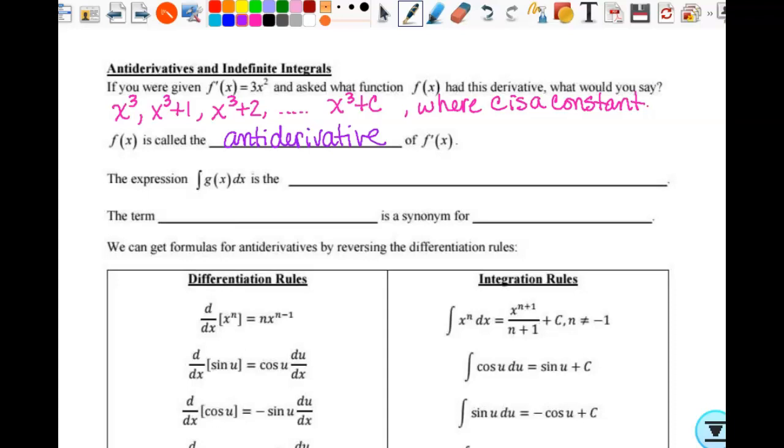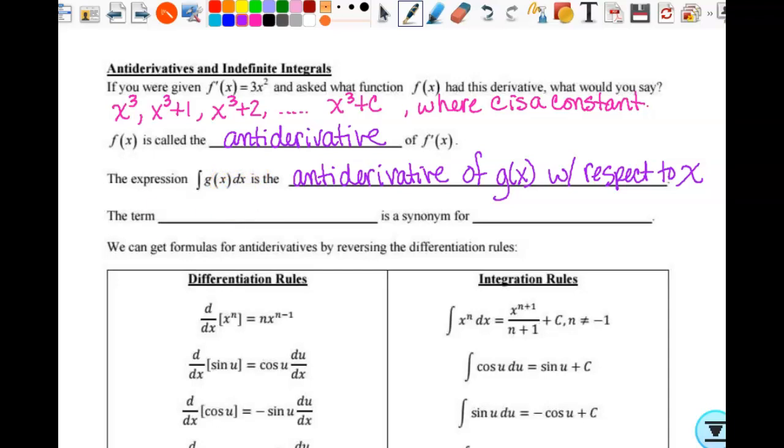All right, so when we take the integral, remember that's kind of like undoing that derivative. And so the expression, the integral of g of x dx, is the antiderivative of g of x with respect to x.